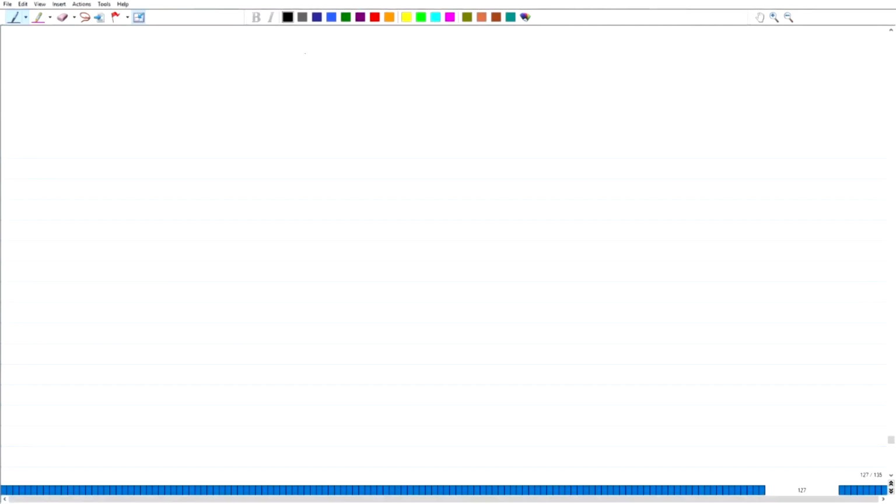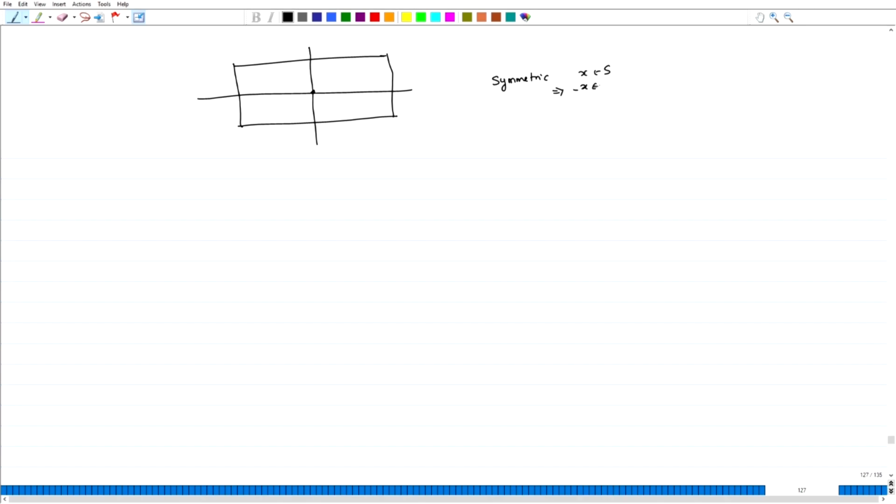Now, if I take a symmetric rectangle, symmetric around 0: if my S is a subset of R^n, it is called symmetric if x belongs to S implies minus x belongs to S. Okay, so symmetric around 0, that is what it is.